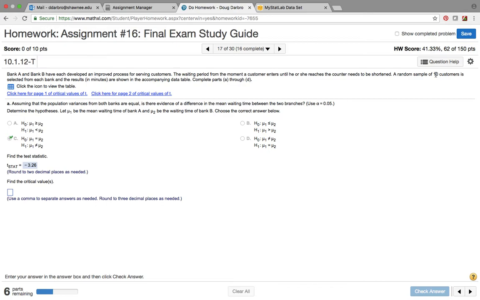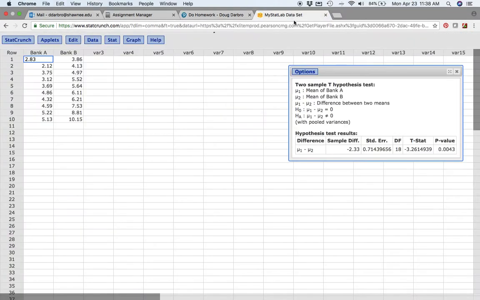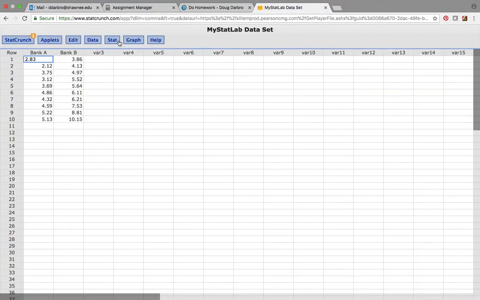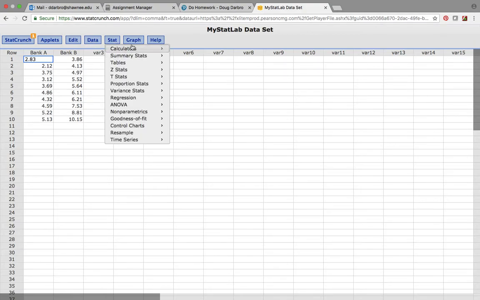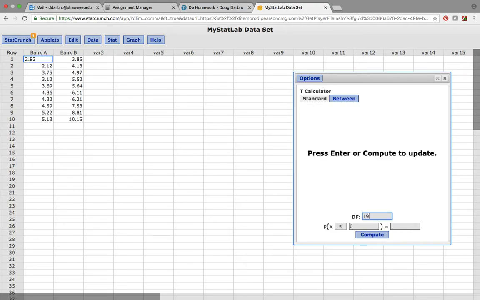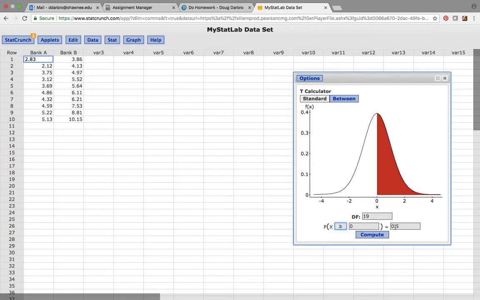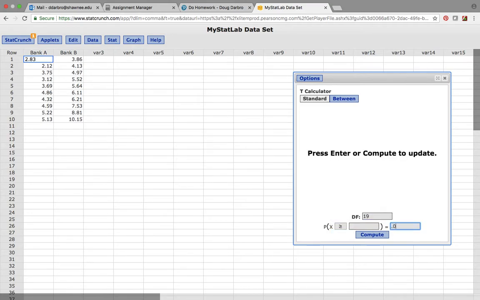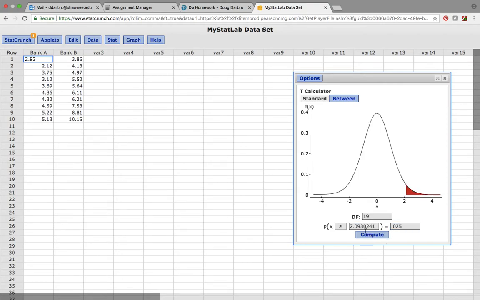And again, we are testing at the 0.05 level of significance. So we need to go to Stat, Calculator, T. Again, our degrees of freedom is 19. We want higher than, and we want 0.025 in the upper tail. So 2.093.